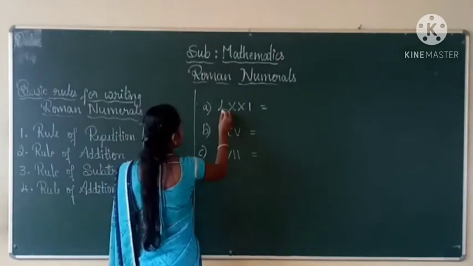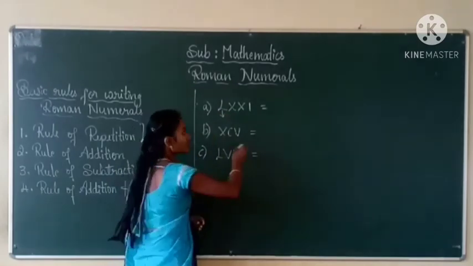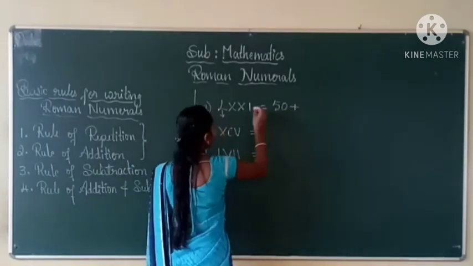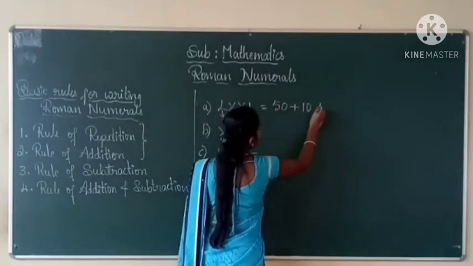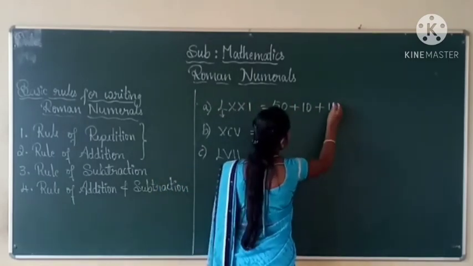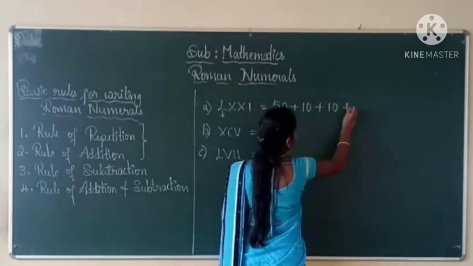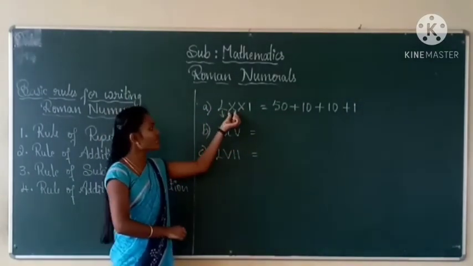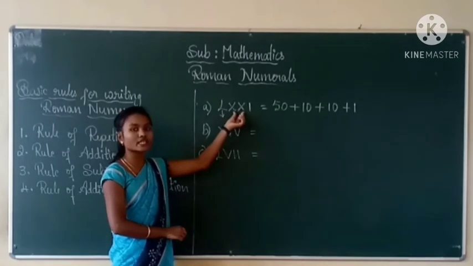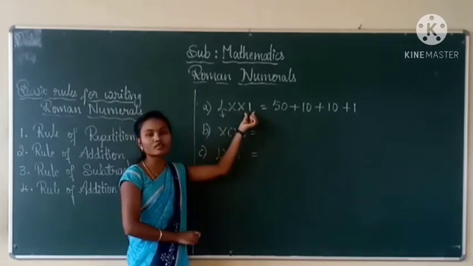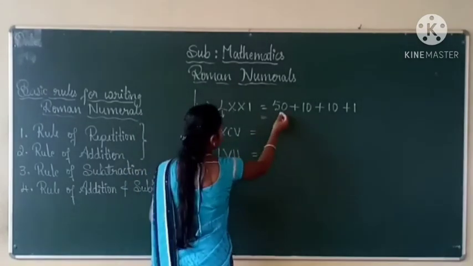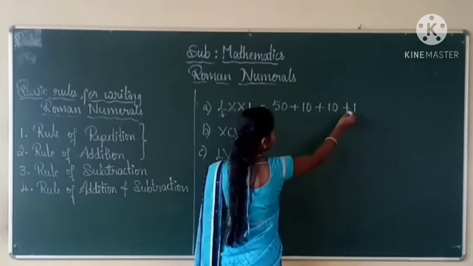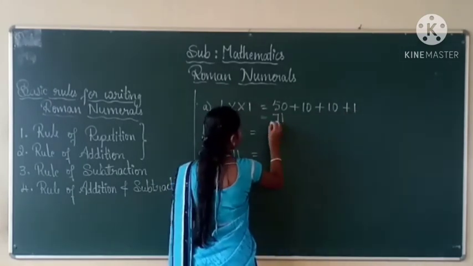So we know that L stands for 50, X stands for 10, this X also stands for 10 and I stands for 1. So add these numbers. 50 plus 10, 60, 60 plus 10, 70, 70 plus 1, 71.